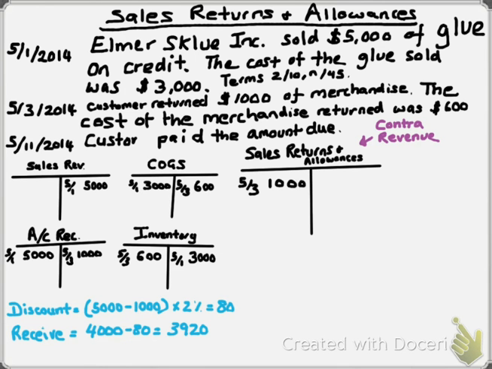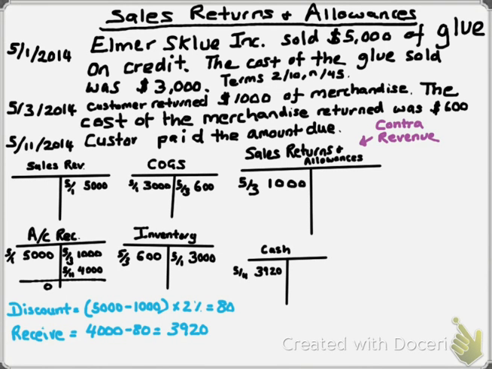Now let's go ahead and record that transaction. We know that $3,920 is going to be paid to us in cash, so cash is going to increase, and as a result we're going to debit cash $3,920. You know that after the $3,920 is paid, the customer is not going to owe us anything. So we need to bring down the accounts receivable balance to zero. To do that, we're going to credit $4,000.